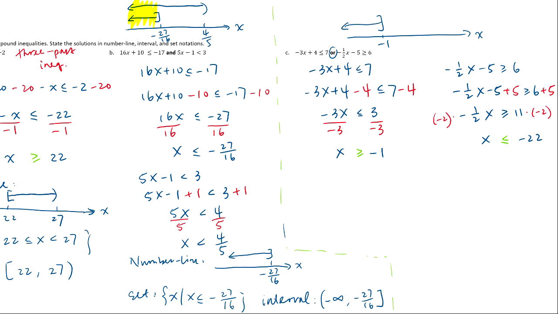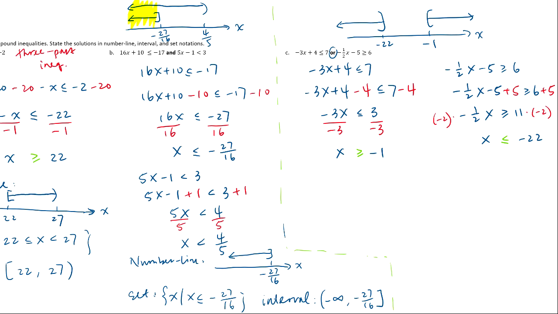Or alternatively, we can have, I should probably scale it a little better over here, x is greater than or equal to negative 1, which is actually in the other direction. So both are inclusive of the endpoints. That's the end result we have if we include both intervals on the number line.